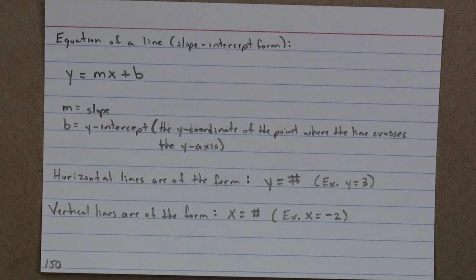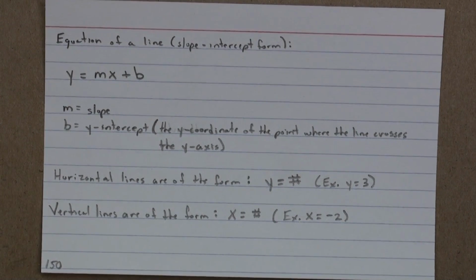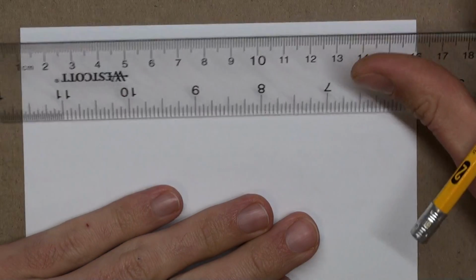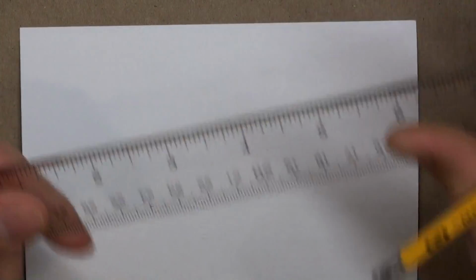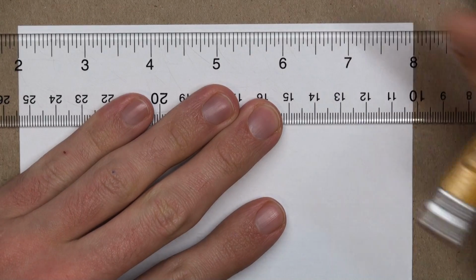Now, let's see. I guess we should do 3 examples on the back. So here's how we'll break this up. Let's break the top up again into 3 sections.